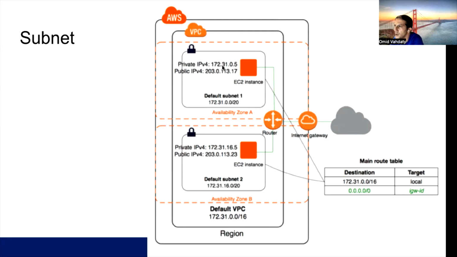One is 172.something, which is private, and 203.something, which is public. So I can, from my office, SSH directly through the gateway and the router to 203. This is the essential difference between private network and public network. You can assign both private and public to an instance, but the IP address may change based on your subnet and your availability zone. Is this clear? The concept of private versus public.